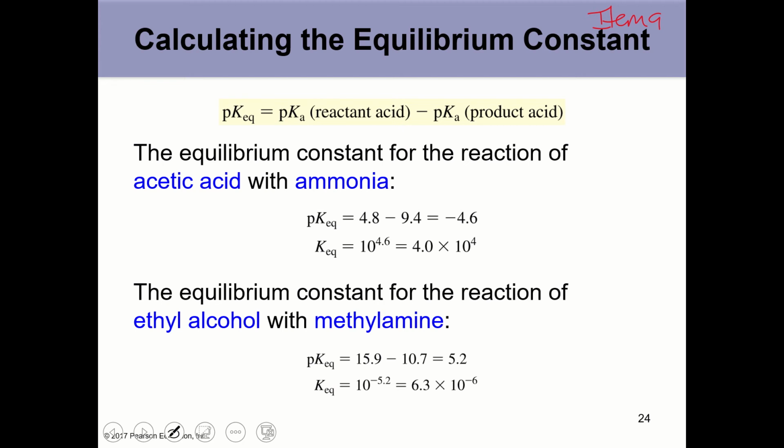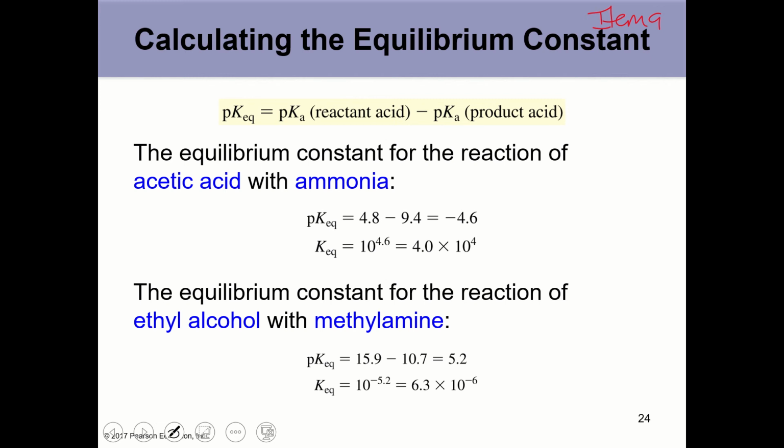We can calculate equilibrium constants using the Henderson-Hasselbalch equation, and also by remembering what our pKa's are. I will not ask you to calculate equilibrium constants. I will ask you to compare pKa's, and I will ask you to determine which side of the reaction is favored at equilibrium.